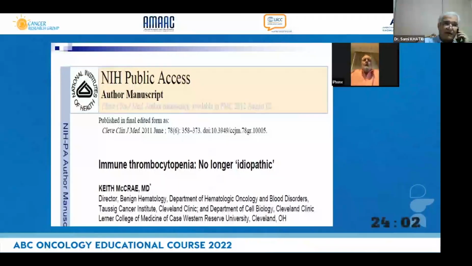Why is it so? Because we know that this disease is not idiopathic, and on the other hand, we know that 30 or 40% of the patients with ITP do not present with purpura. The second thing is that the cutoff of thrombocytopenia is no more 150,000, but it's now 100,000.